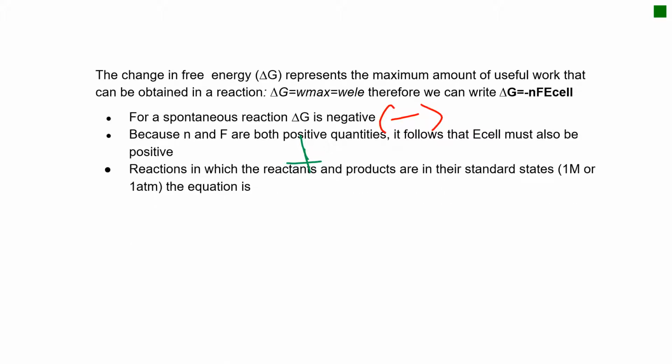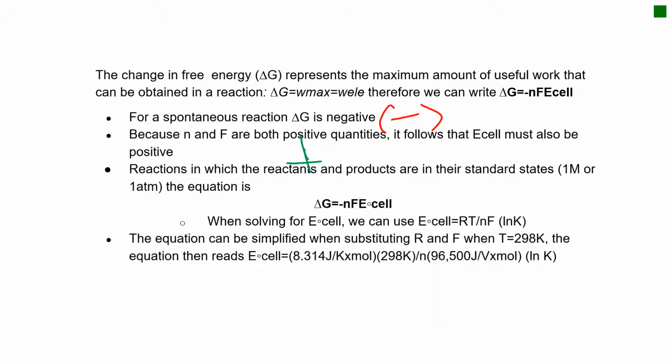For reactions in which the reactants and products are in their standard states, so 1 M or 1 atmosphere, the equation is delta G equals -nFE standard state of cell. When solving for E cell, we can use E cell equals RT divided by nF multiplied by the natural log of K. This equation can be simplified when you substitute R and F values when the temperature is equal to 298 kelvins.